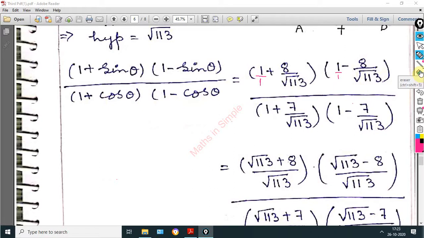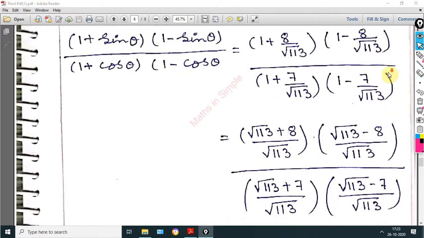Okay. Now, we have solved the numerator. Now, we will see the denominator. See here in the denominator, nothing is there means it will be a 1 only. So, we are writing here by 1. Here also nothing is there means 1. So, now we are cross multiplying.